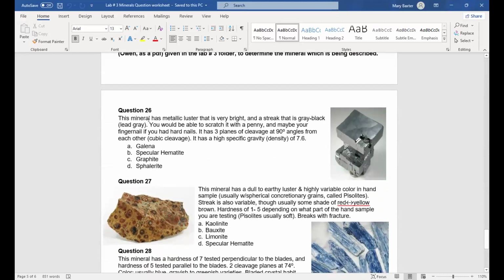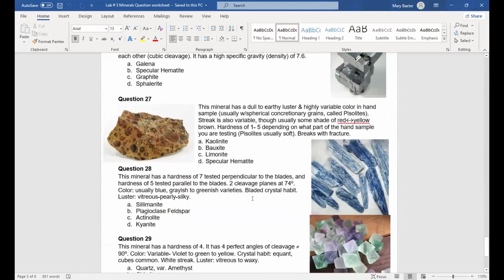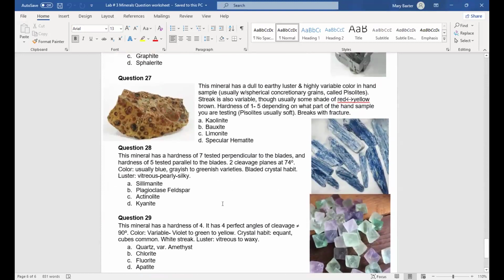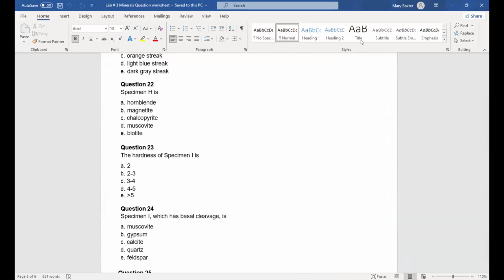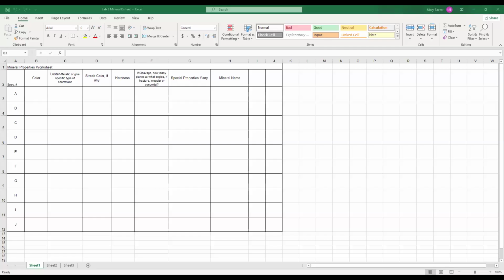I've given you a picture and a description of a mineral, and you're going to tell me which mineral that is. So you just use those mineral charts, just like you're going to for the specimens that we use to fill out this chart. Once we're done with the chart, I'll probably cut off and do a separate video going through the first 25 questions on this question worksheet.